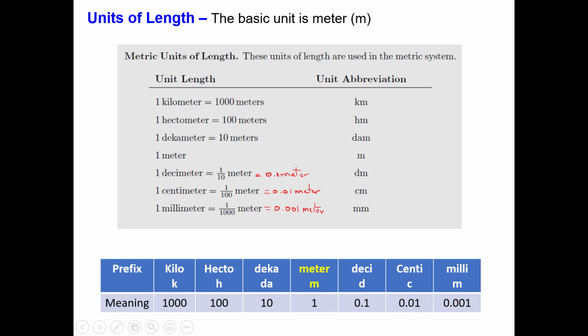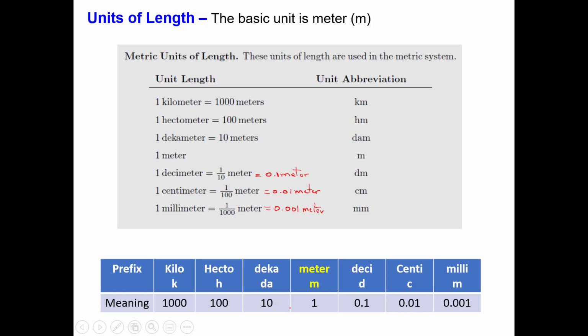And 1 millimeter equals 0.001 meter. The letters below show how we write the abbreviations: kilometers, hectometers, decameters, decimeters, centimeters, and millimeters.